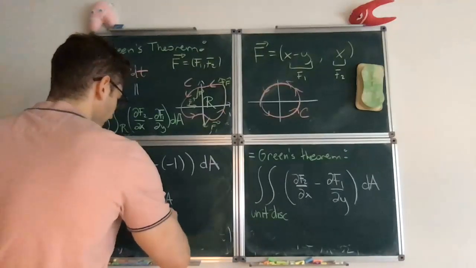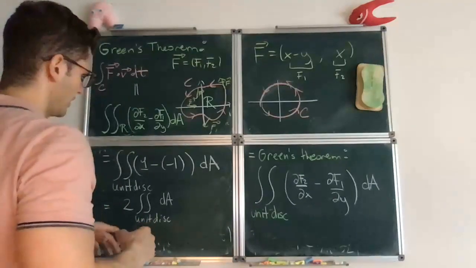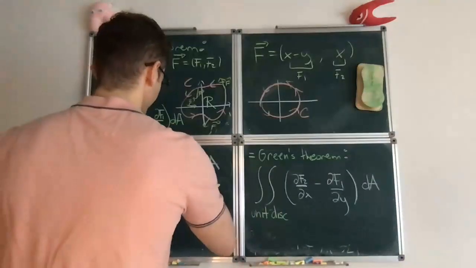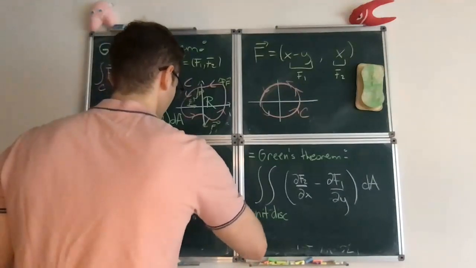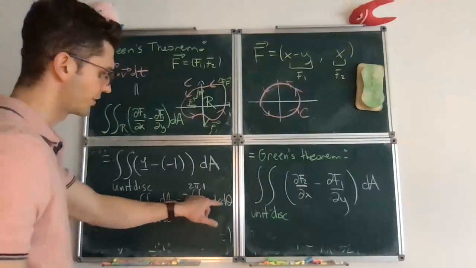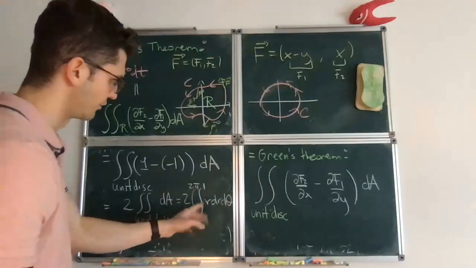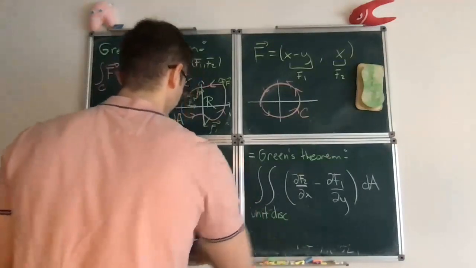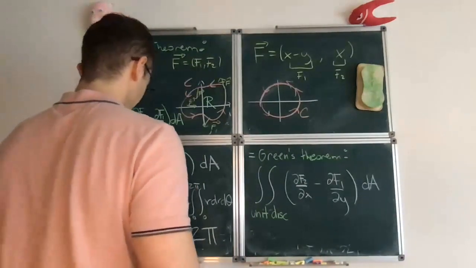This is fairly straightforward because you could just say, well, this is the area, and the area of the circle is pi r squared, so you already know the answer. But you can also just use polar coordinates, so this is the integral from 0 to 2 pi, from 0 to 1 of r dr d theta. Remember that dA in polar coordinates is r dr d theta, and this will eventually give you just pi, so you get 2 pi. So in other words, what we found is the work here is 2 pi.